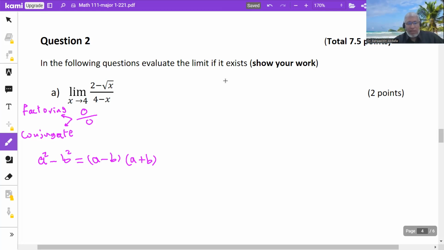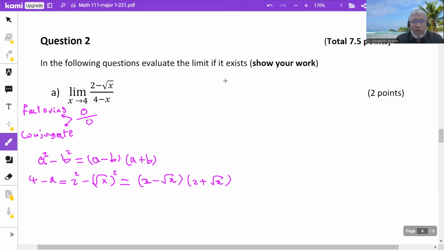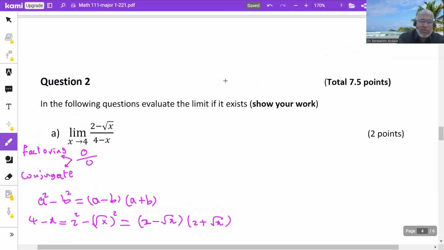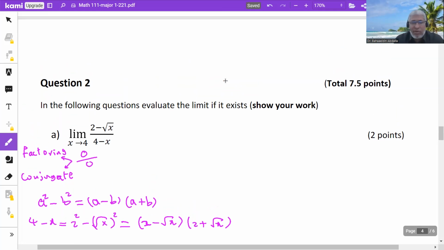So 4 minus x, in the denominator, I can write as 2 squared minus square root of x to the power 2, because square root of x to the power 2 will give you x. So using this formula, I can write it as 2 minus square root of x times 2 plus square root of x. So here I can solve this by factoring.